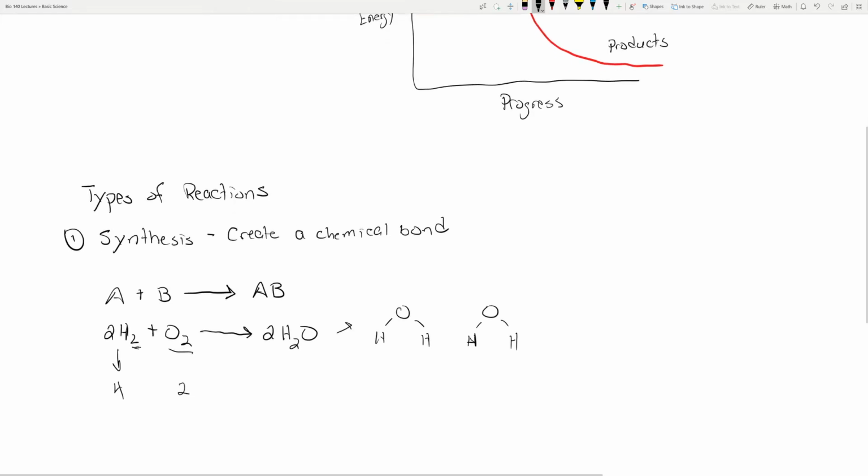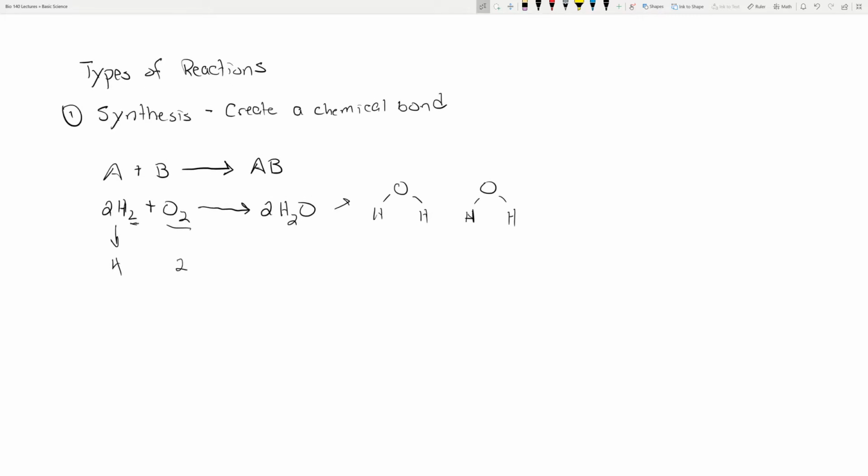Now, a special case of the synthesis reaction is called dehydration synthesis. De means to undo, and hydration means water. Okay, when you're hydrated, it is water. Hydro is water.